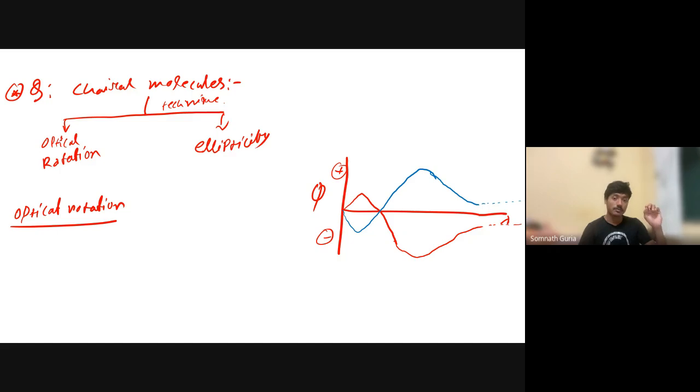So if there are changes in temperature, pH, pressure, or any physicochemical condition, it will hugely change the refractive index. As a result, we find huge changes in the optical rotation.